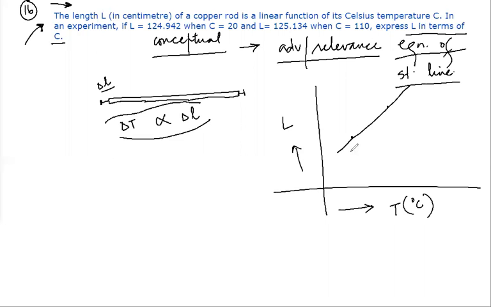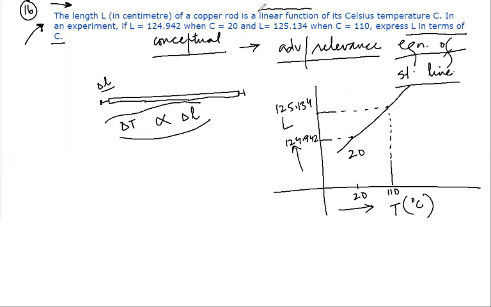So at 20, the length will be 124.942. And when C is 110, the length is 125.134. And he says it's a linear function.